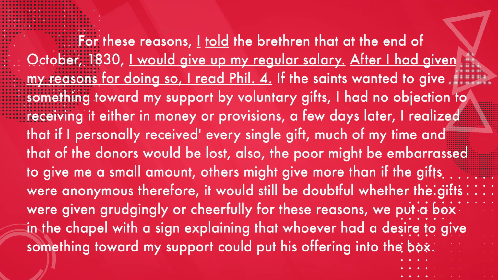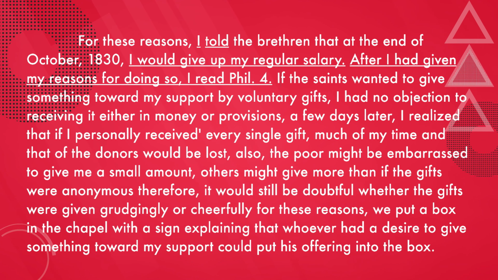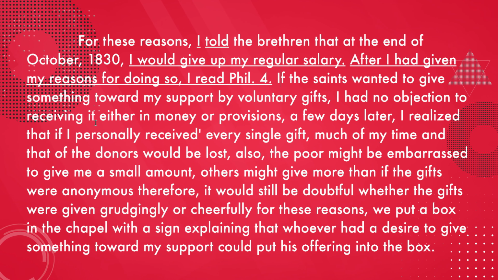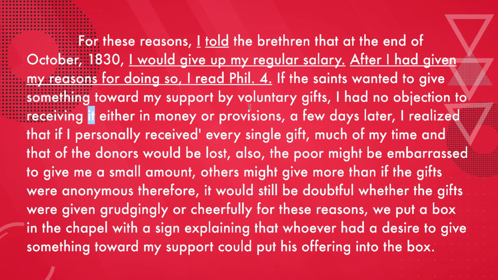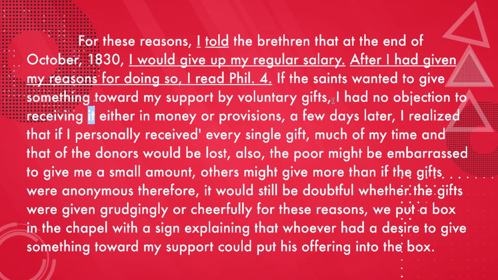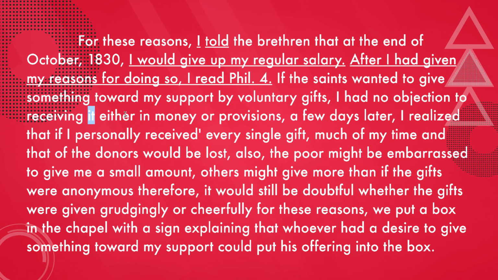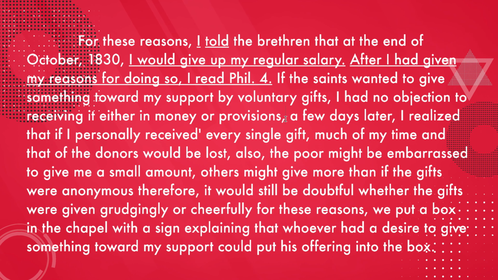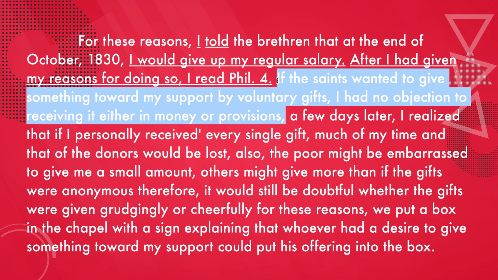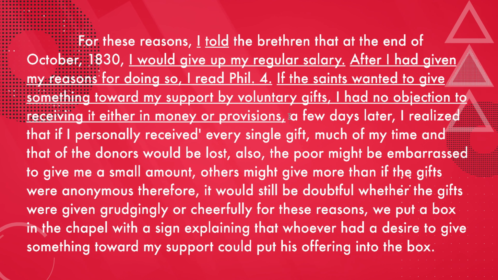If the saints wanted to give something toward my support by voluntary gifts, I had no objection to receiving it. So you can see, he's talking about the gifts. I had no objection to receiving it either in money or provisions. Okay, so we are able to establish that these are connected.